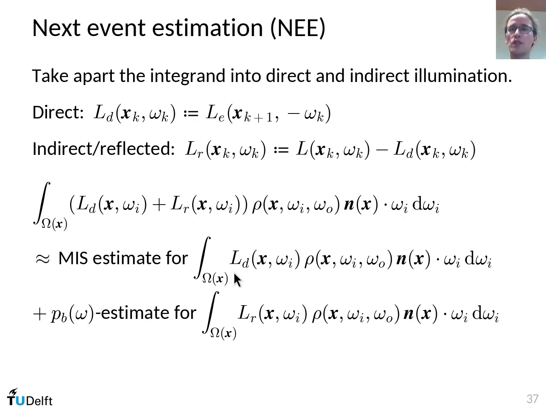And because of that, we do not have to continue our path beyond this one ray. However, here we have reflected radiance, and that means that we do continue our path, but we do this using only the BRDF sample, so we only have one direction into which we continue the path. That's exactly what we wanted.